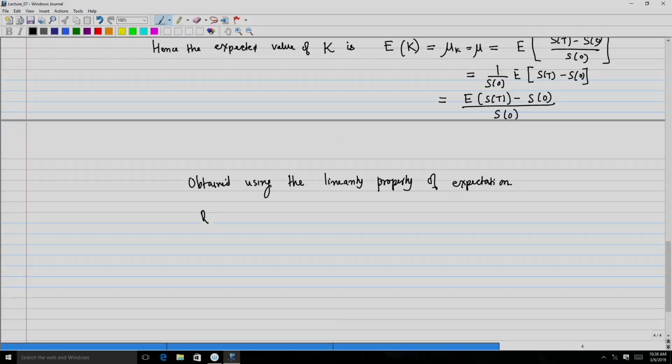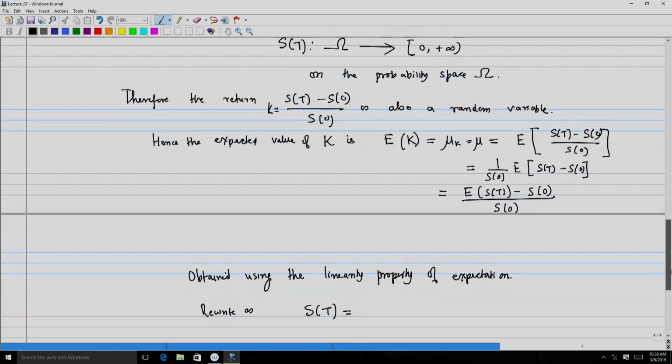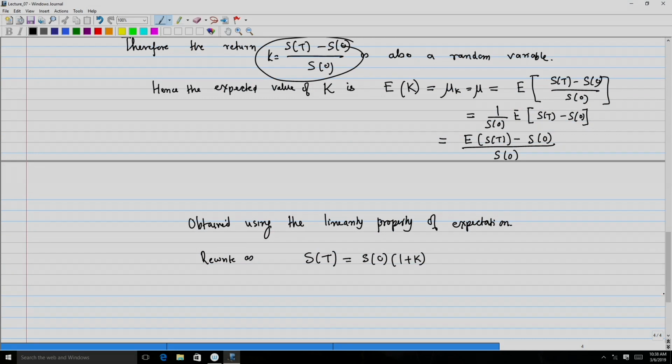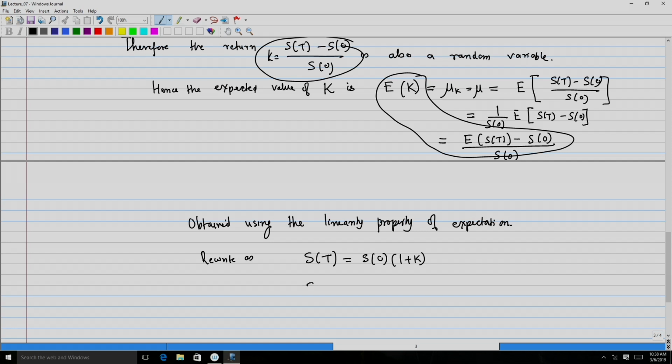Therefore, we can rewrite S of t is equal to S0 into 1 plus k, and from here we will get E of S t is equal to S0 into 1 plus mu.